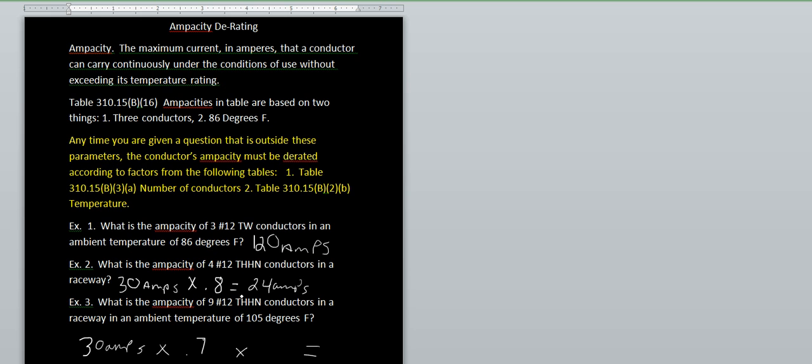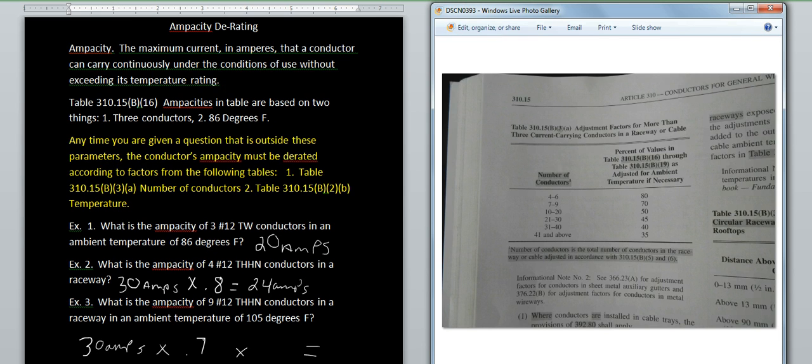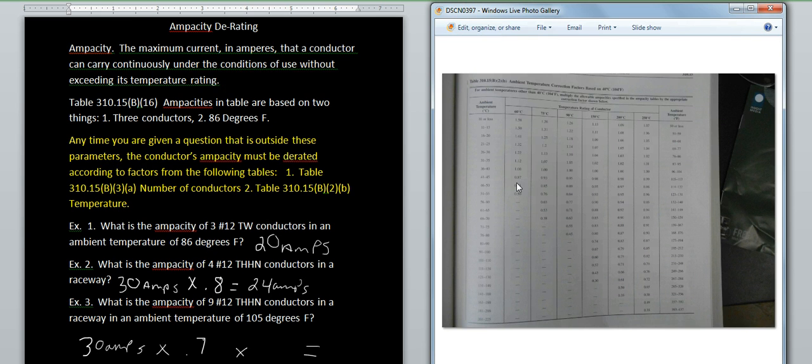And the next correction factor to adjust for is the temperature. So we go to the temperature correction factors on this page, and we find at 105 degrees Fahrenheit, in the 90-degree column, you have a 0.95 factor.